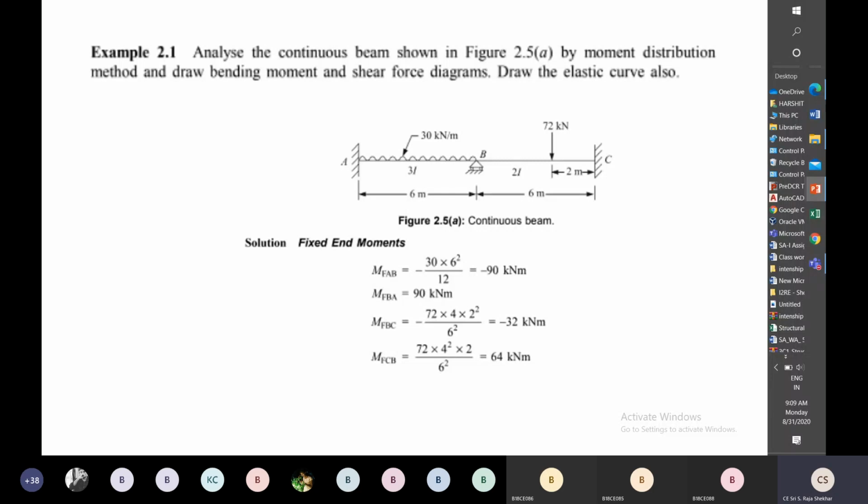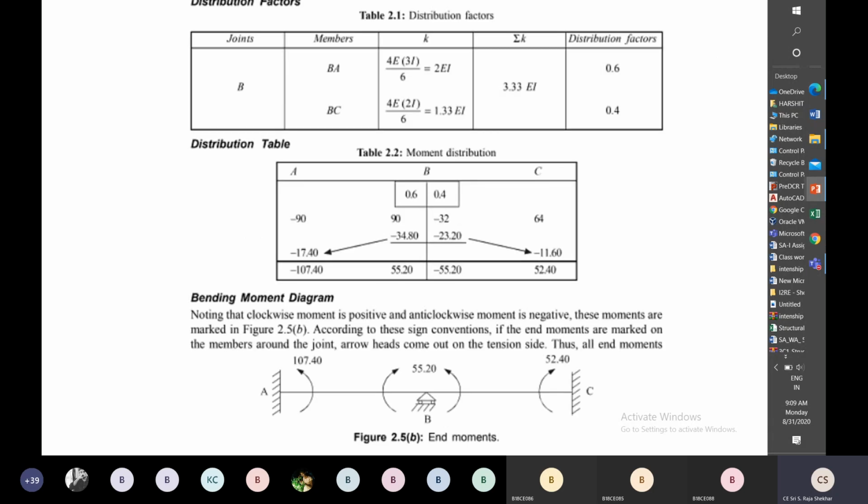Now what we need to do is calculate the distribution factors for the members AB and BC. Because of the application of load, how much moment is distributed to the BA member and how much to the BC member will be given by the distribution factor.